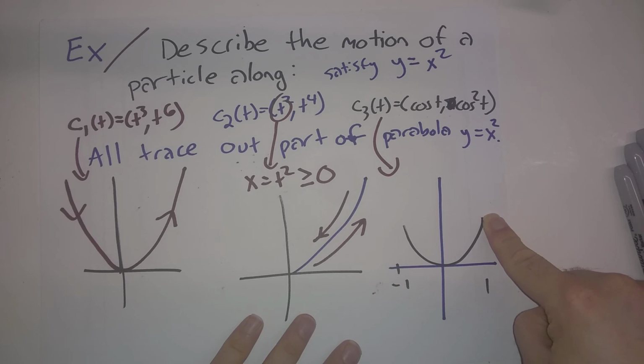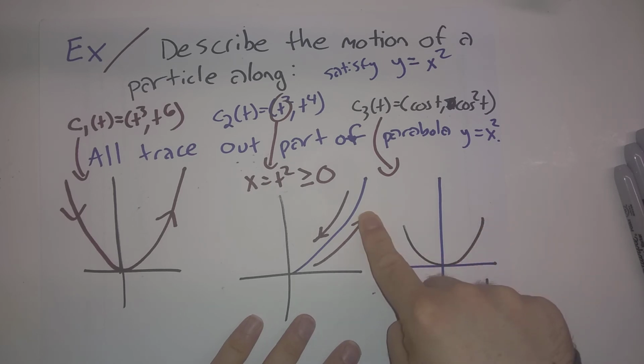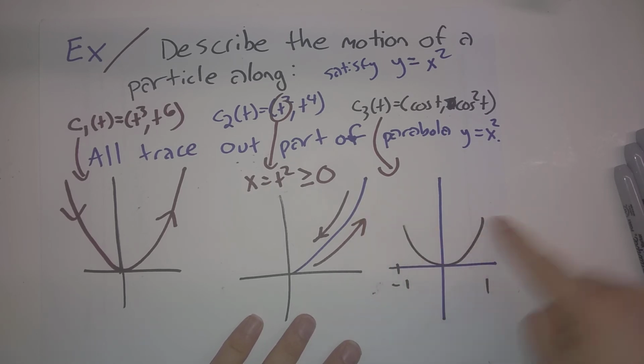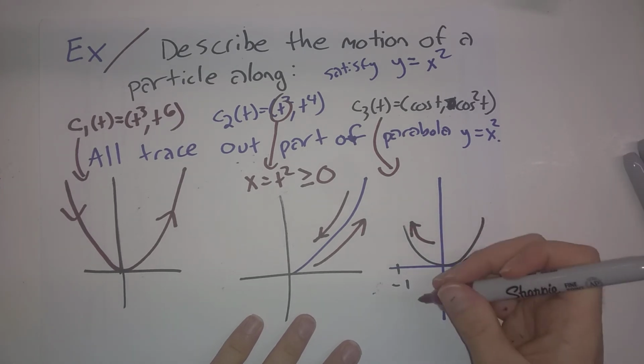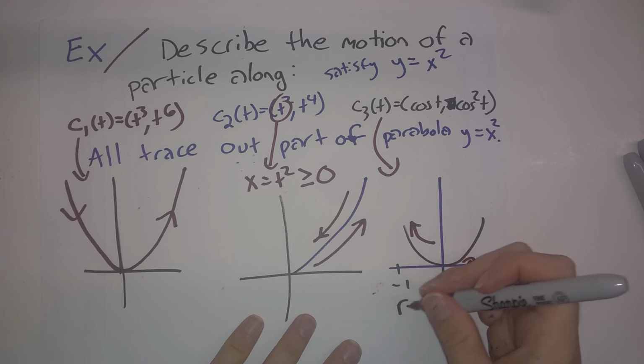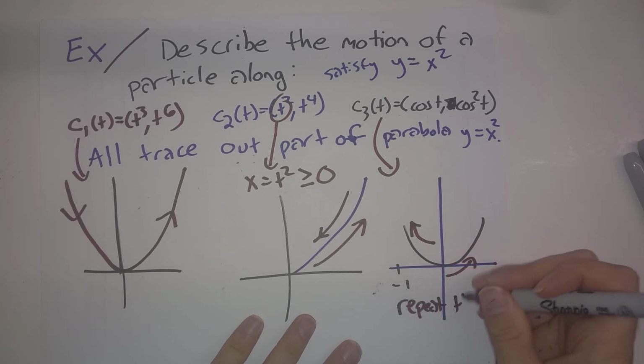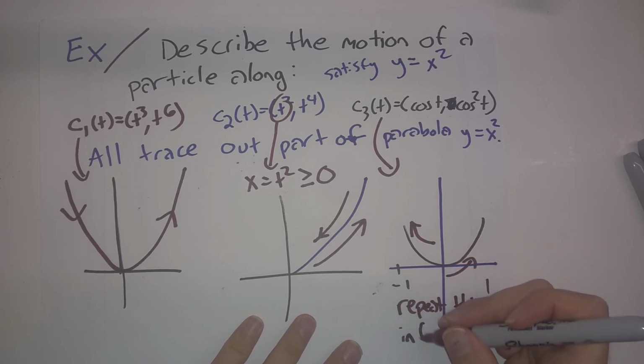When cosine t is 1, we're over here. When cosine t is minus 1, we're over here. We just keep going back and forth, and we repeat this infinitely many times.